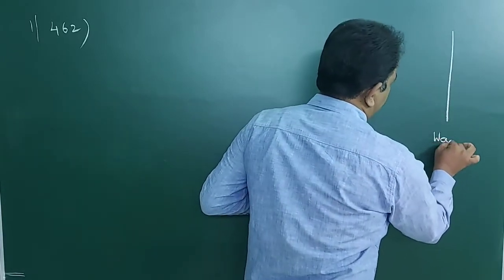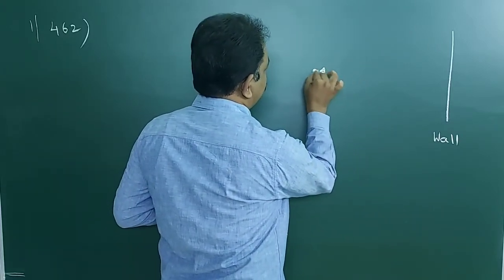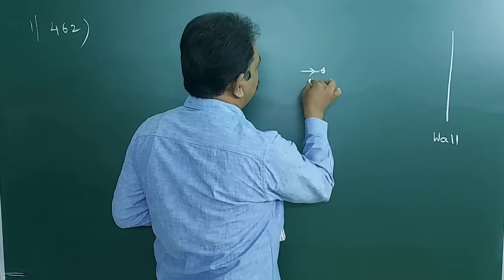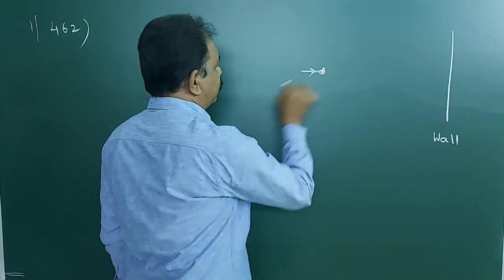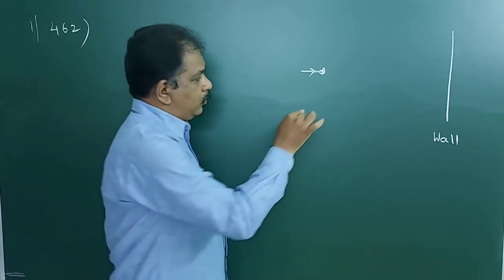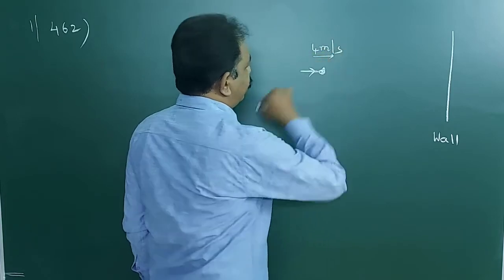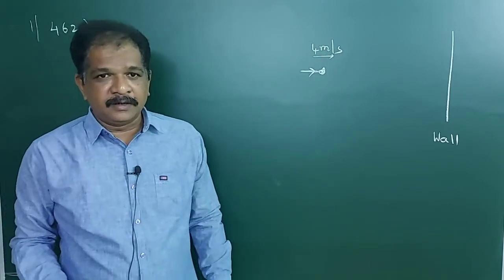Here one bat is there, more or less in this shape. It is going towards the wall with a speed of 4 meter per second.